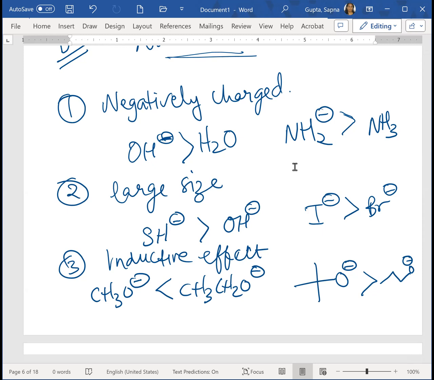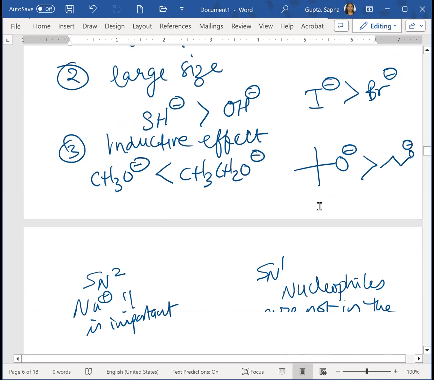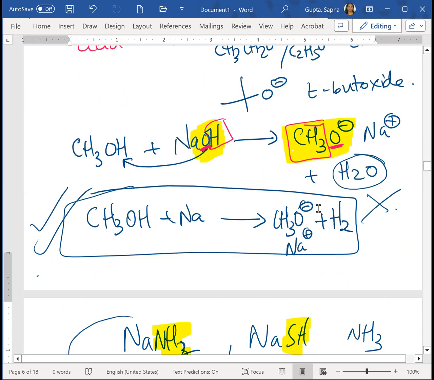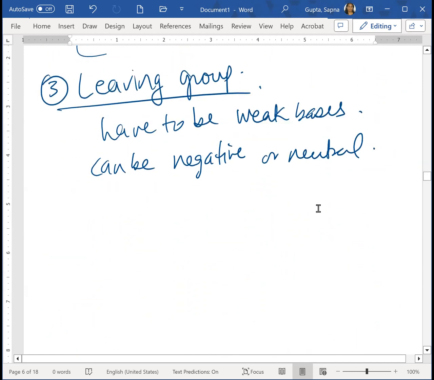For example, if you're looking at hydroxide versus water, what is a better leaving group? Water, because hydroxide is negatively charged, so that's a stronger base. For a leaving group, you need something weaker. So in a way, it's easier to understand.